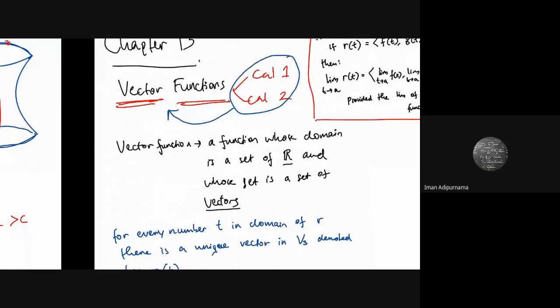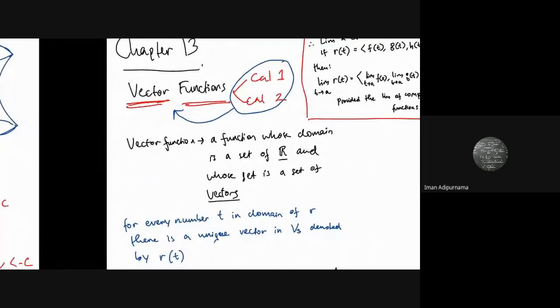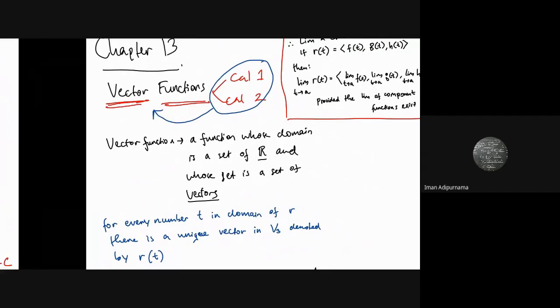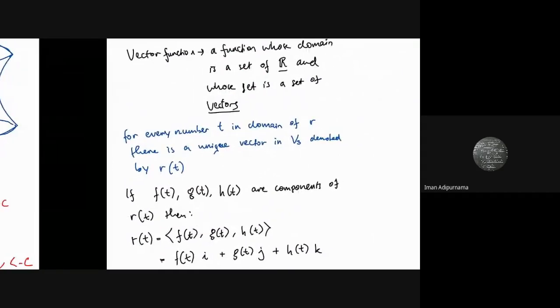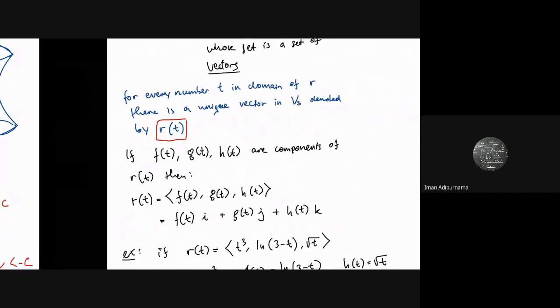A vector function is a function whose domain is in the real numbers, and the range is in vectors. We usually use r for a vector function, so we say r equals the components f, g, and h.